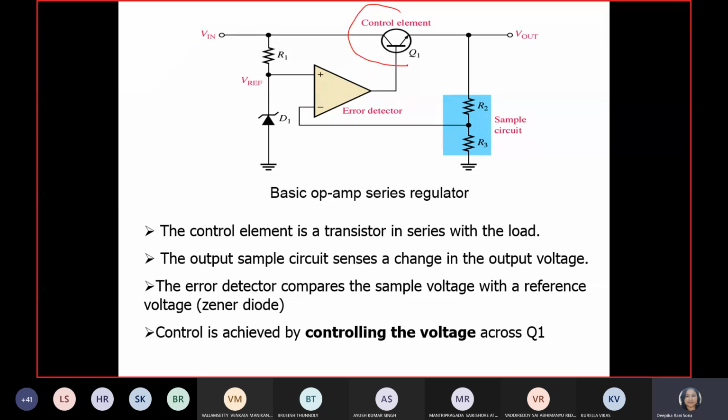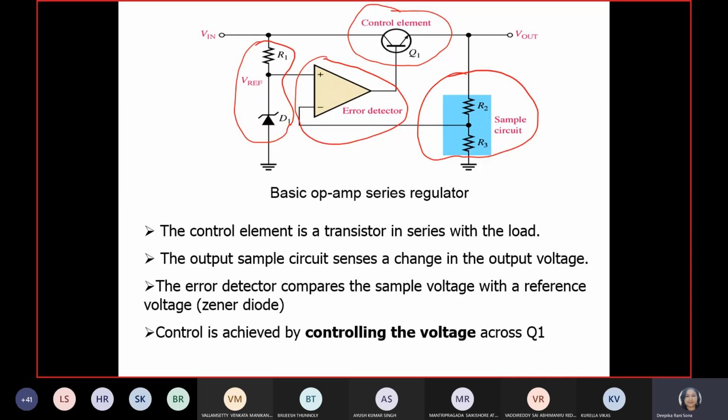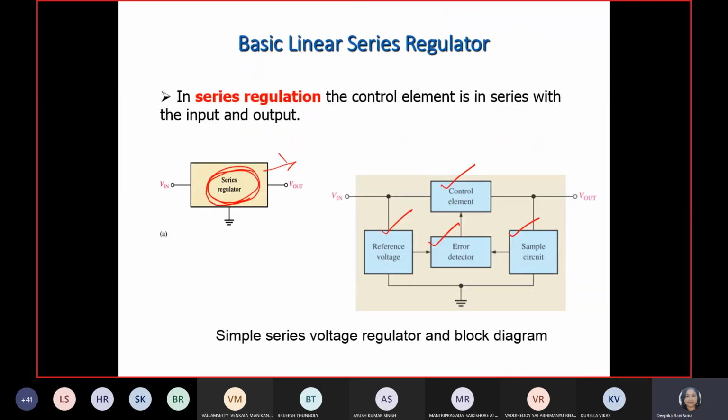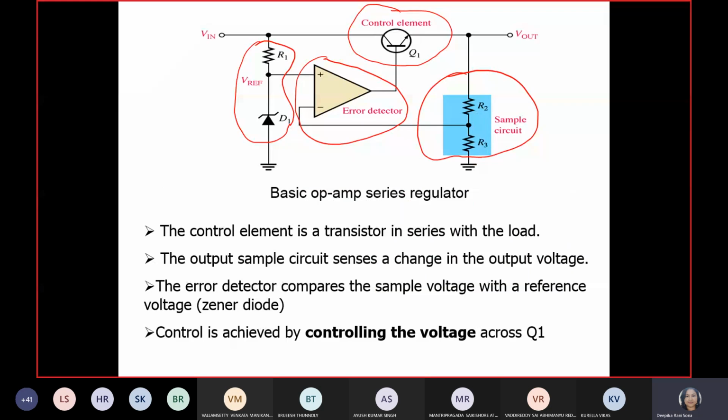Guys, control element, error detector circuit, reference voltage circuit, and sample circuit. Correct? Yes or no? At least you tell.